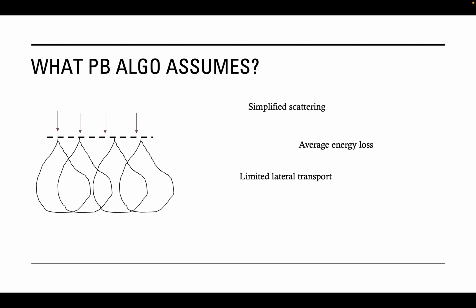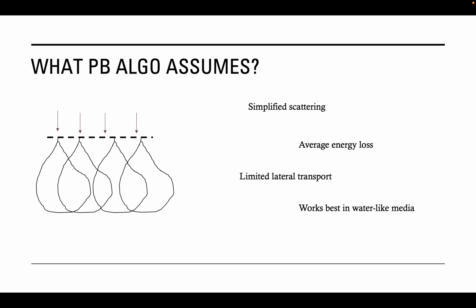Then we have limited lateral transport. That is, a lot of dose is leaked around the heterogeneity, which pencil beam is not able to model properly. When heterogeneity comes, pencil beam fails significantly, and it only works in water-like media because it's homogeneous.